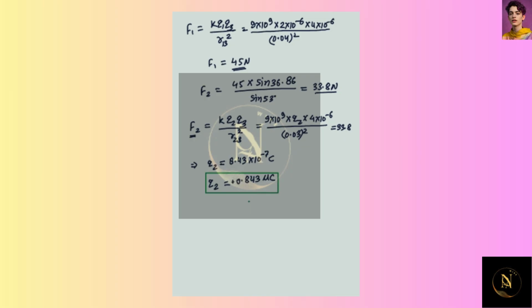Now for part D, the magnitude of net force will be equal to F1 cos 36.86 degrees plus F2 cos 53.13 degrees. Substituting the values of F1 and F2, where F1 is 45 and F2 is 33.8, we get 45 cos 36.86 degrees plus 33.8 cos 53.13 degrees.